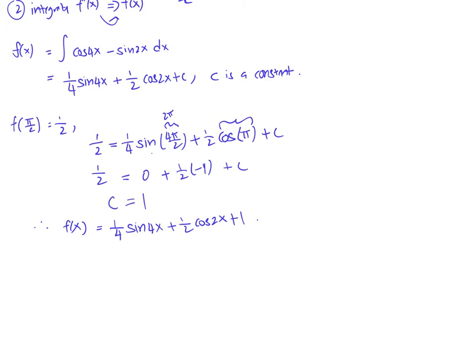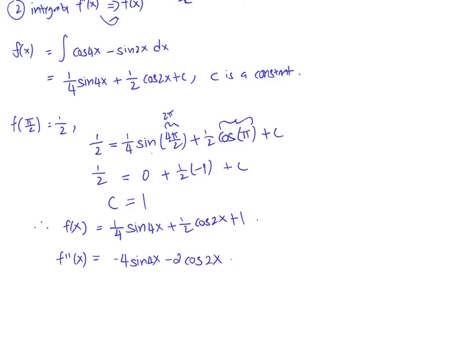As mentioned earlier, we also need our f double prime x, which is simply differentiating our f prime x in the question. If you perform the differentiation, you should have negative 4 sine 4x minus 2 cosine 2x. So now that we have our ingredients, let's start with the left hand side.